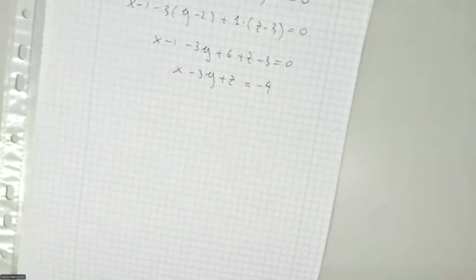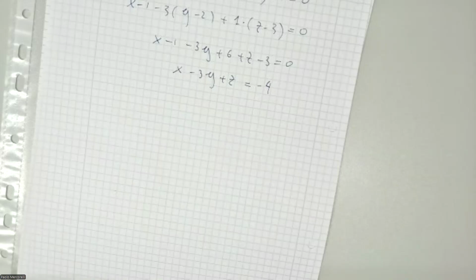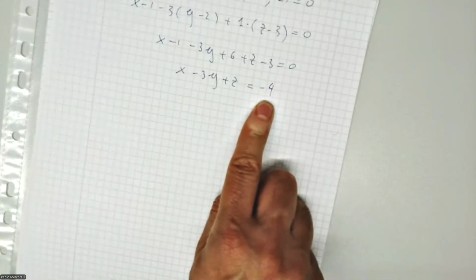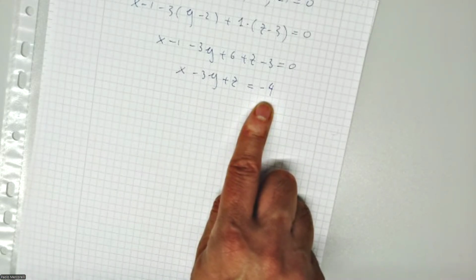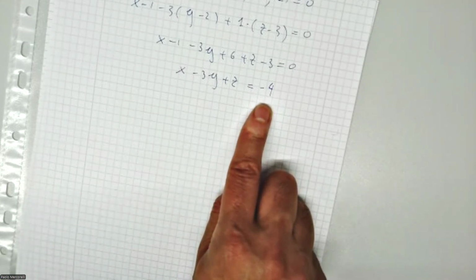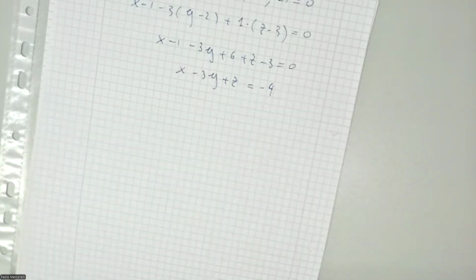Minus 4, what was B? Minus 4? Yeah, I don't remember. Minus 2 was? This means we have an error. Let me see. Here, I don't see the error. Let me see in the slide.